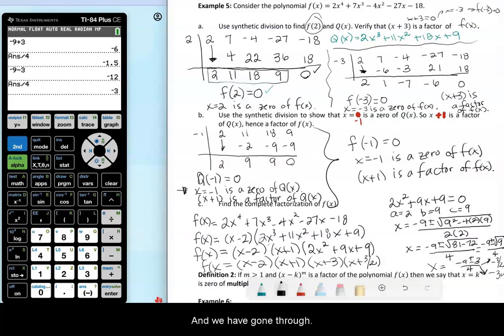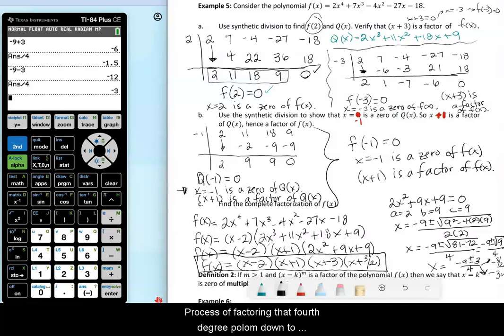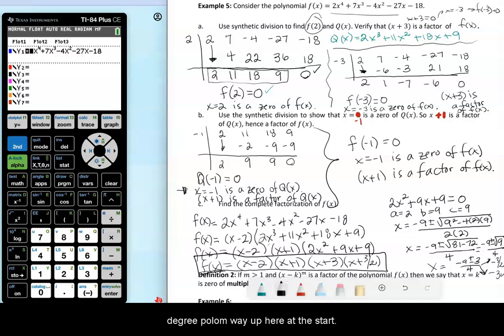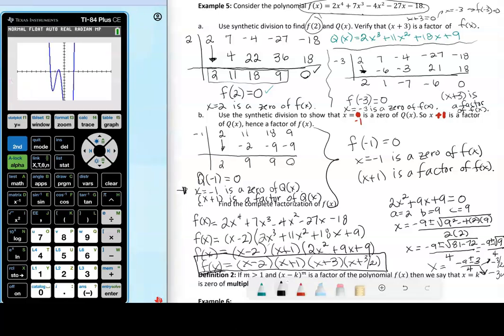And we have gone through the process of factoring that fourth degree polynomial down to all of its factors. And you notice that fourth degree polynomial ended up with 4 real zeros. And if we went to y equals and entered in that fourth degree polynomial way up here at the start and hit graph, you could see those 4 zeros, the 4 places the polynomial intersects the x-axis.